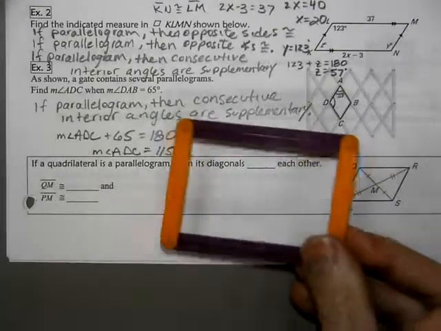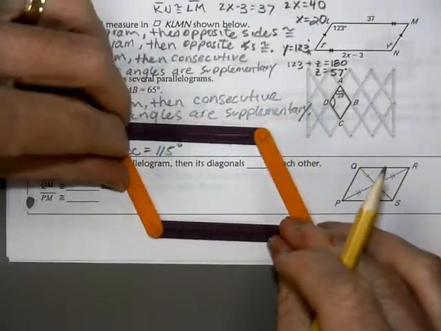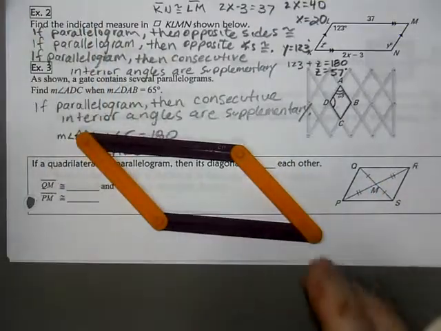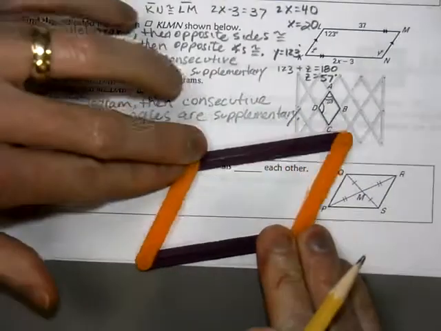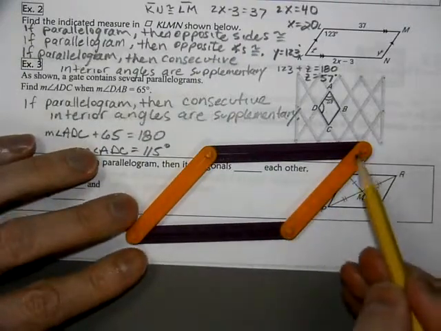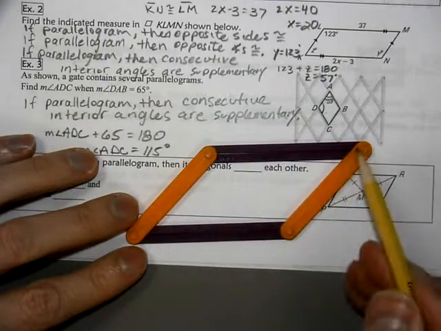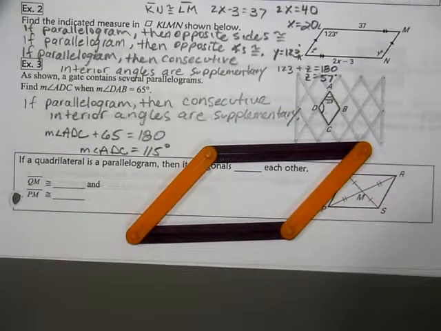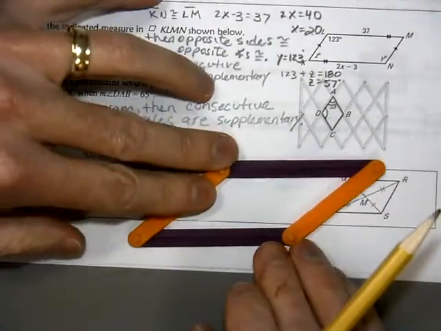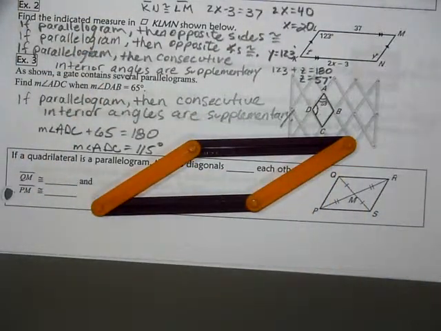Okay, our last theorem for the day. If you're working with a parallelogram, no matter where you put it, we know that diagonals exist between the opposite vertices. What is true about those? Some people talk about how the diagonals are the same length. They're congruent.